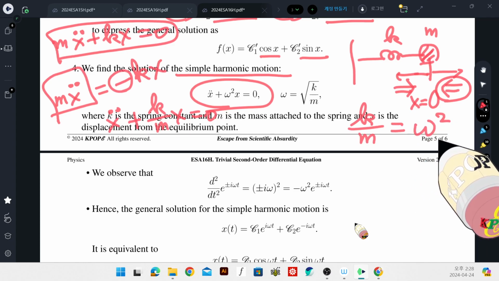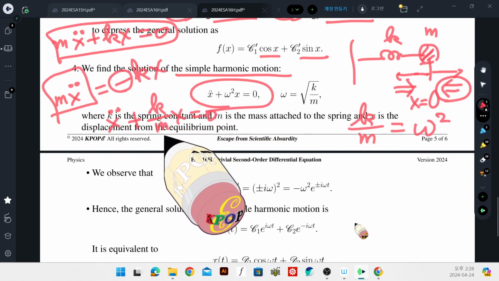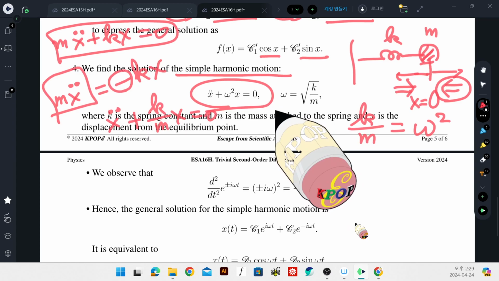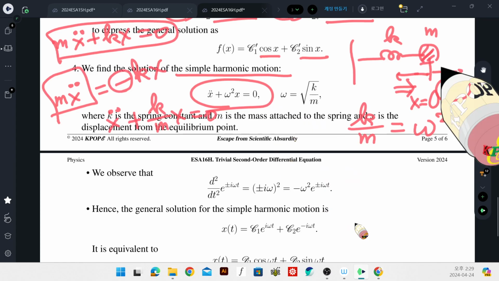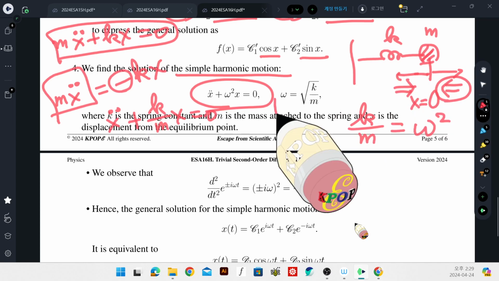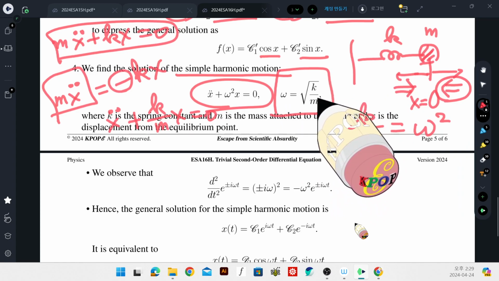And this real number can be substituted for k over m. We call this the characteristic angular frequency for this spring mass system. We call this omega, the square root of k over m.